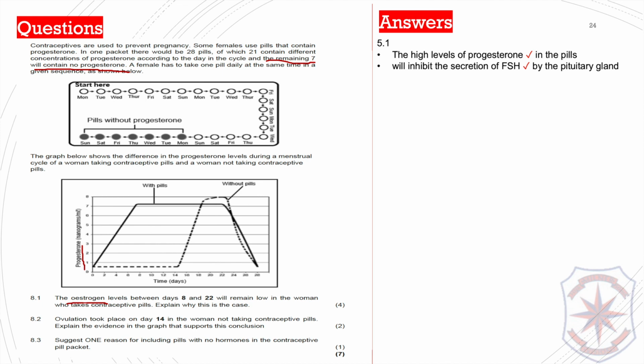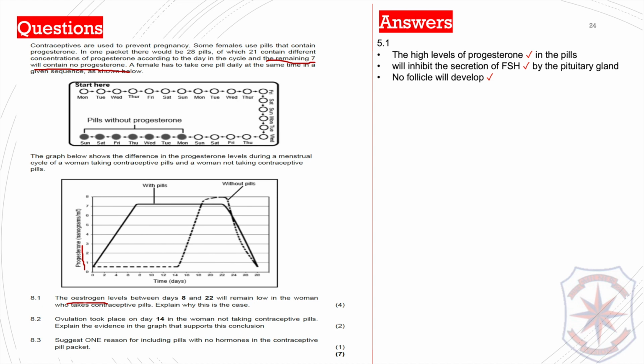Let's look at the answer. The high levels of progesterone in the pills will inhibit the secretion of FSH by the pituitary gland. So the pituitary gland will not produce FSH. If there's no FSH, then there is no developing follicle, because FSH stimulates the development of a follicle.